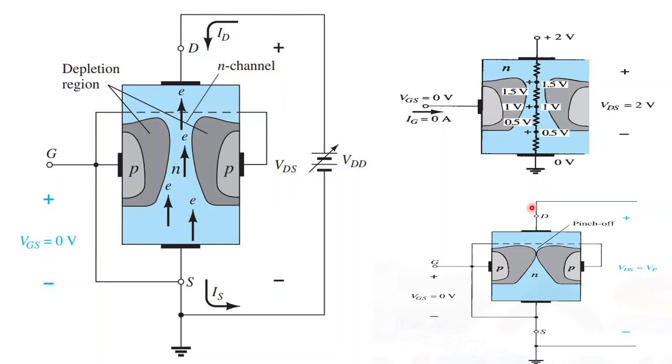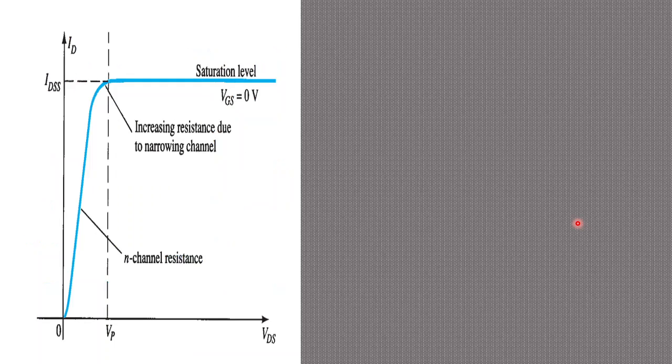So when IDSS happens, no matter how much you increase VDD beyond VP, that will not change the amount of ID. That means IDSS will be the same. So here we go, see a chart or graph.